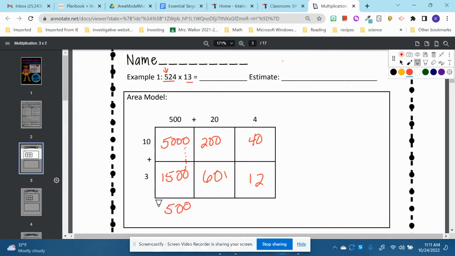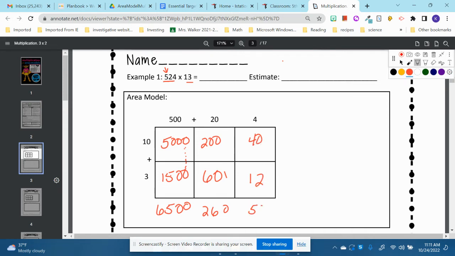And 5 plus 1 is 6. 0 plus 0 is 0. 0 plus 6 is 6 and 2. Is 200 plus 60 260? You guys can see that, right? Do you know what 40 plus 12 is? Go up 10 and add 2 more. 40 plus 10 is 50, and then add 2 more.